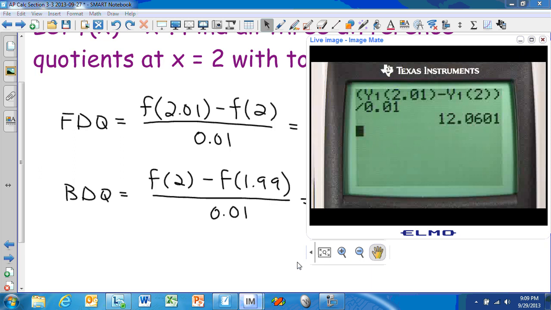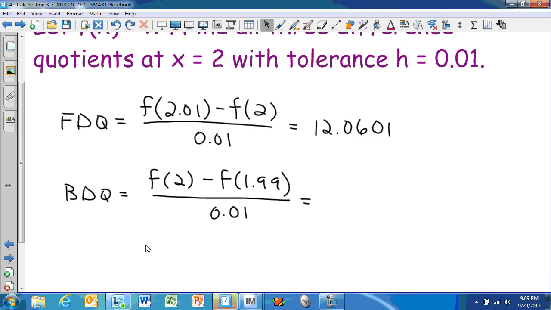So it's y1 at 2 minus y1 at 1.99, divided by 0.01, and we get 11.9401. There's our backward difference quotient. So you can see that just before this value of 2, we're calculating a slope slightly under 12. And after this value of 2, the forward difference quotient is a value slightly greater than 12.